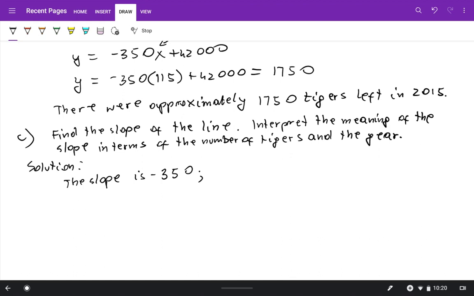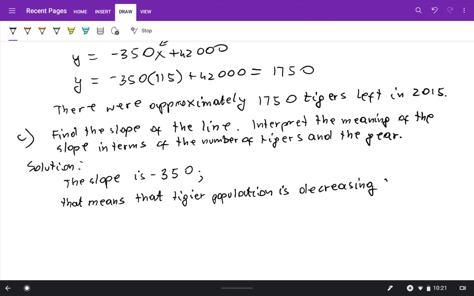So slope is a rate of change, which means the meaning of that slope is that the tiger population is decreasing by 350 tigers per year. Okay, which is a lot.